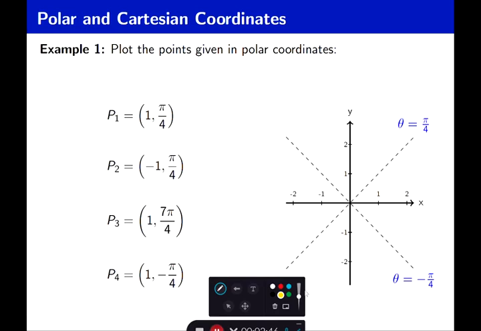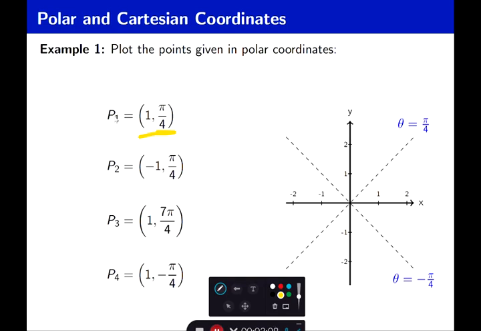Let's do a few examples of the conversion between polar and Cartesian coordinates. So let's plot the point given in polar coordinates. First one is 1 and pi fourth. So how do we do it?